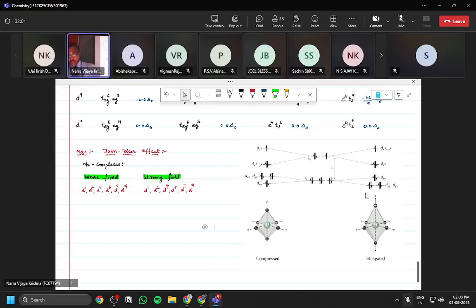Here we have taken d9 complexes, copper complexes, copper plus 2 complexes, correct? That too, it is observed in octahedral complexes, correct? Copper plus 2 octahedral complex. Respond.